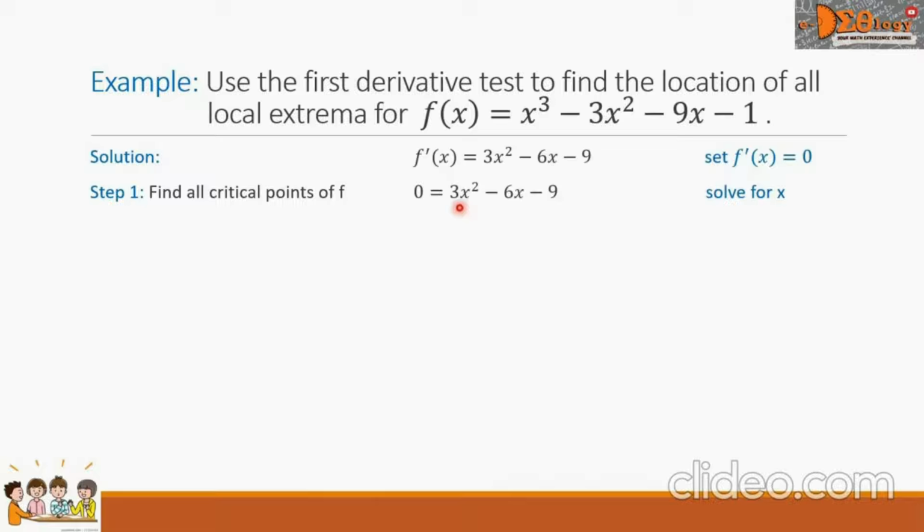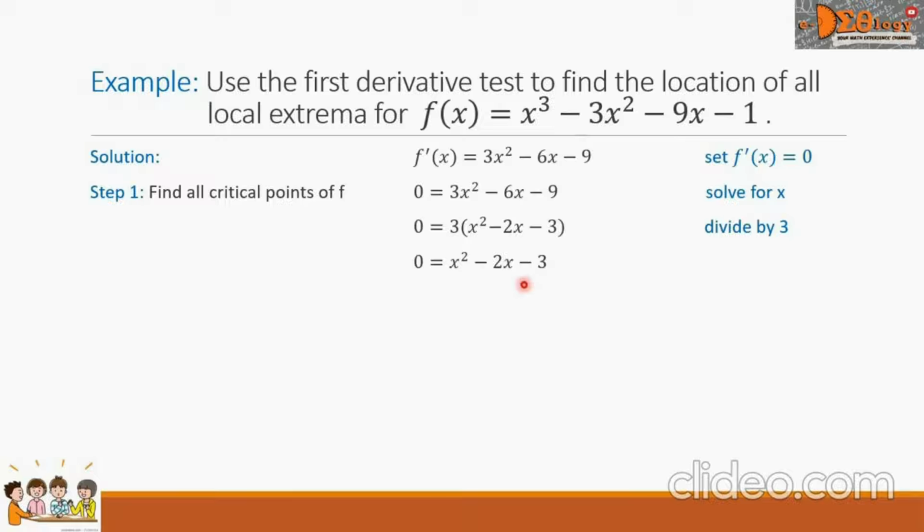If we factor out that number 3, we will have 3 times the quantity x squared minus 2x minus 3. Let us simplify further by dividing this equation by 3. So the equation now becomes 0 equals x squared minus 2x minus 3.